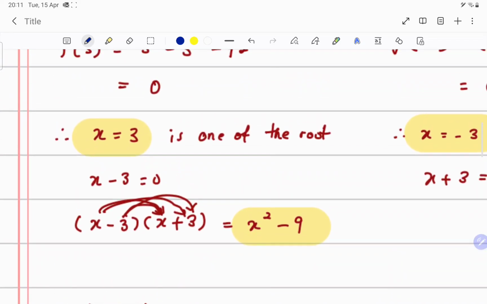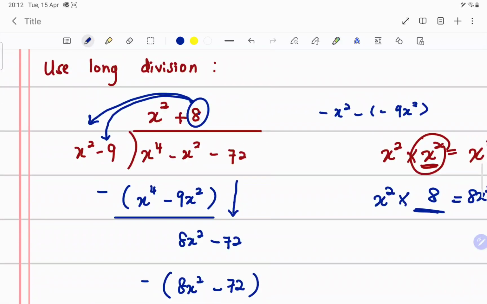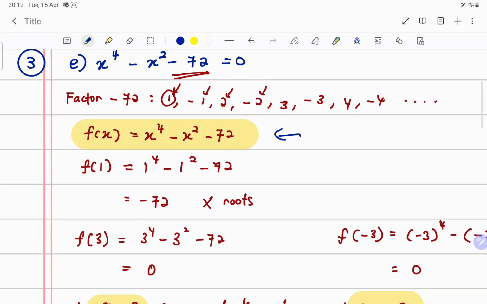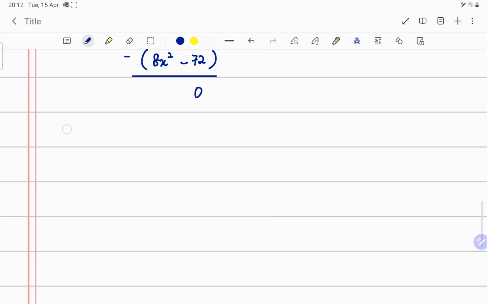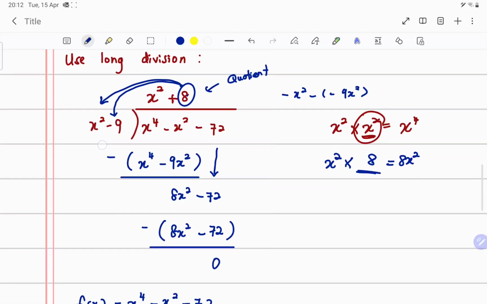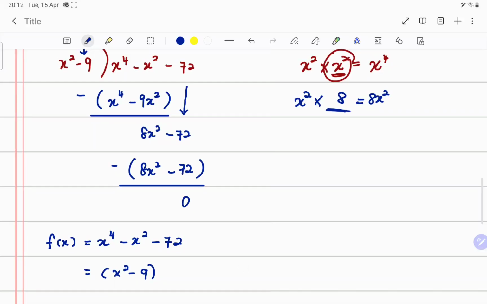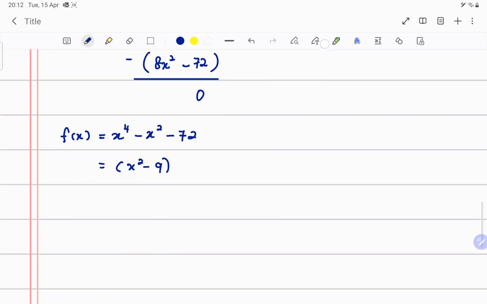So right now, if you see your long division, we have x squared plus 8 on top. This is your quotient, which means the answer to this long division. So you have this form: f(x), which is x to the power of 4 minus x squared minus 72 just now, equals x squared minus 9 multiplied with x squared plus 8.